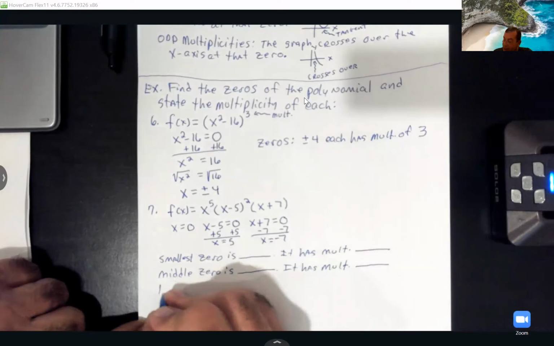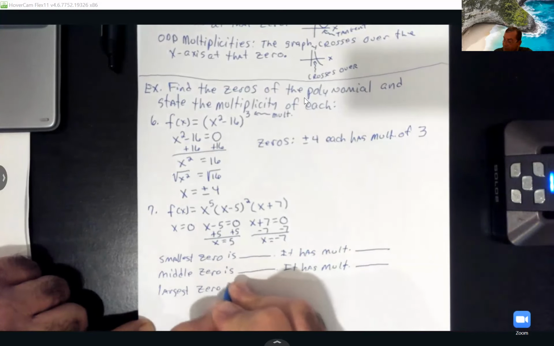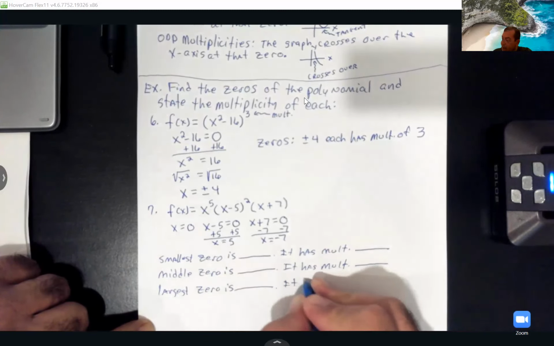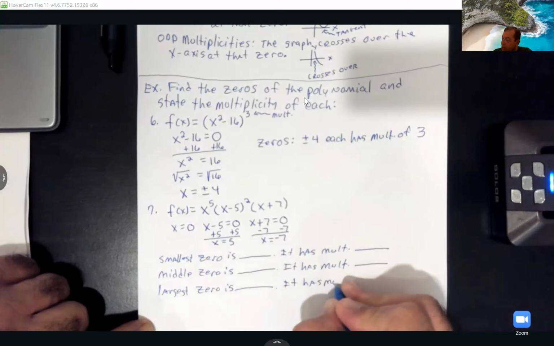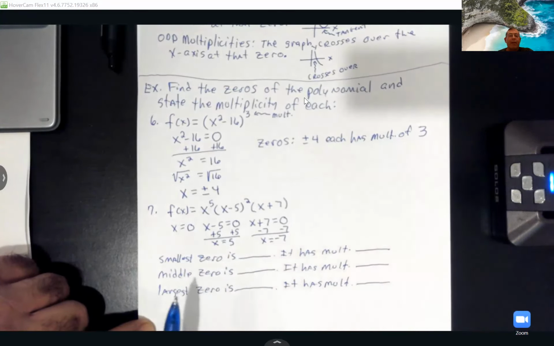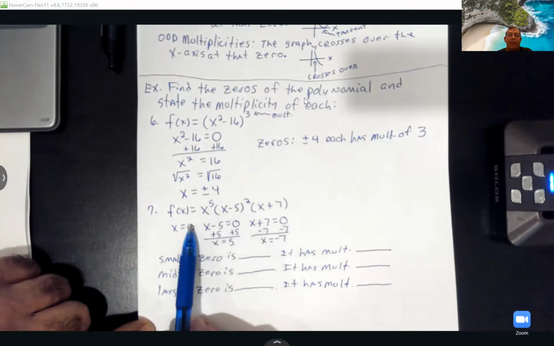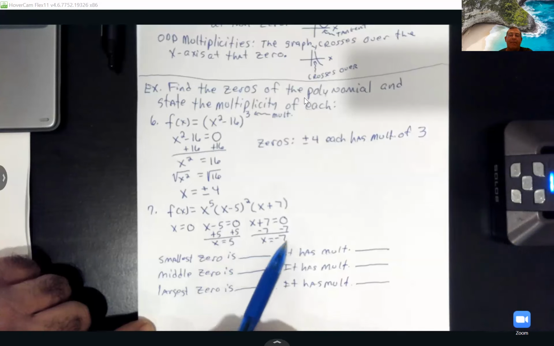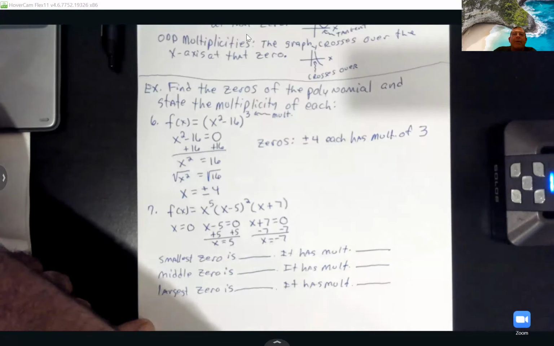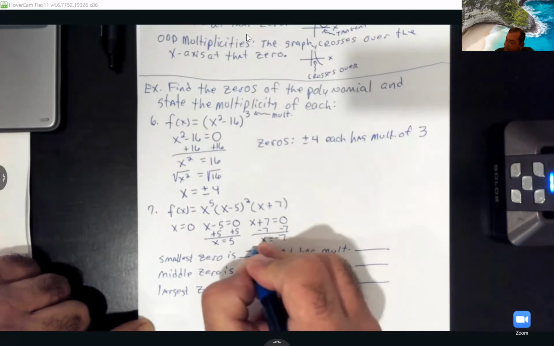And then the largest zero is blank. It has multiplicity blank. So what we got to figure out is which of these numbers is the smallest: 0, 5, or -7. Well, y'all, let's see what my chat's got going on. So -7 is the smallest.